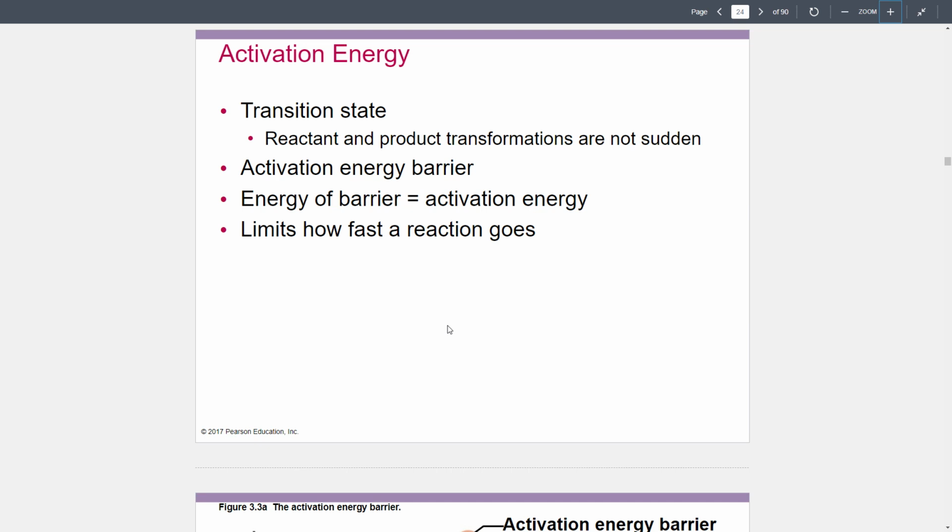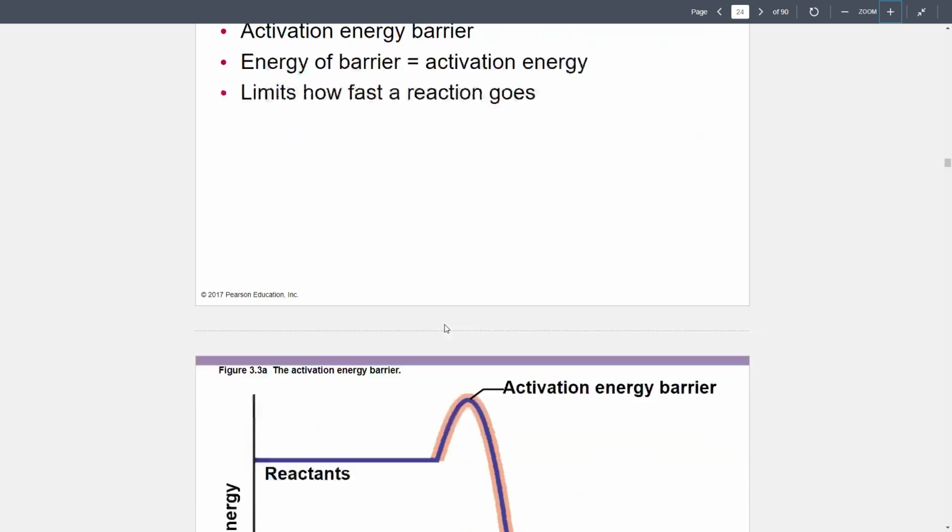The amount of energy is known as the energy barrier or activation energy barrier. We just shortened that down to activation energy. It is the amount of energy that needs to be put into the equation to make the equation happen. And because energy needs to be put in, it is going to limit how fast the reaction occurs.